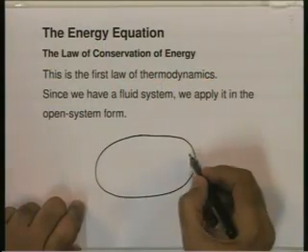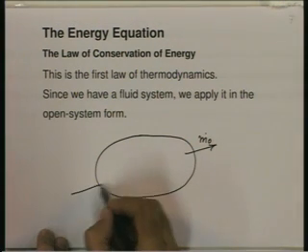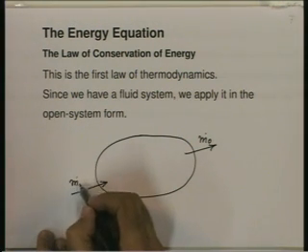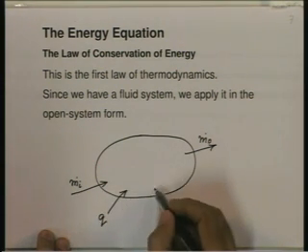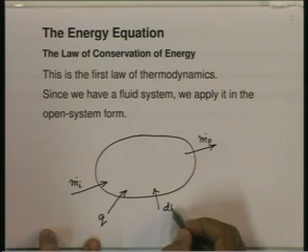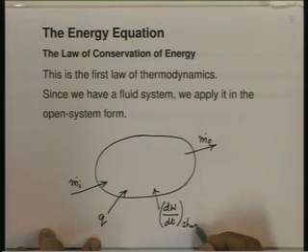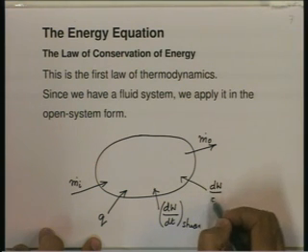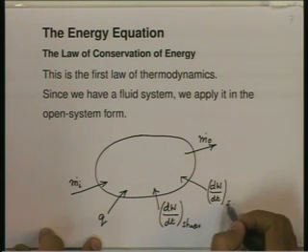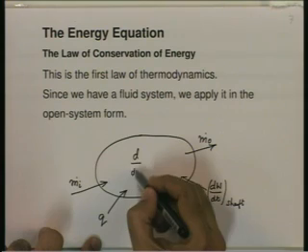So the general open system would be a control volume, some mass flow rate would be going out, some mass flow rate would be coming in, there will be heat transfer to the system, there will be shear work, there could be shaft work, and even the energy of the system could be changing with time.